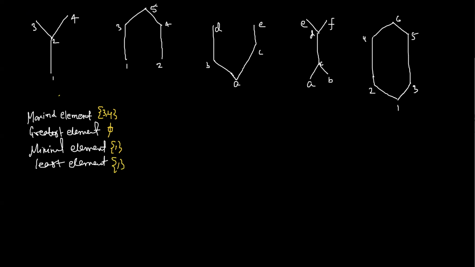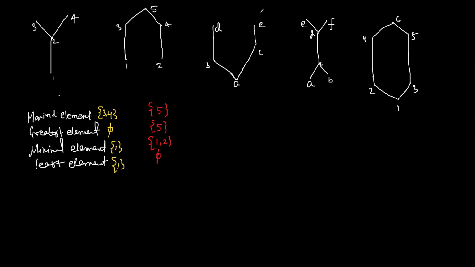Next one. What is the maximal element? 5. And this is unique. Greatest will be 5, right? What is the minimal element? 1, 2. But this is not unique because 2 elements are there. Understood? Yes.